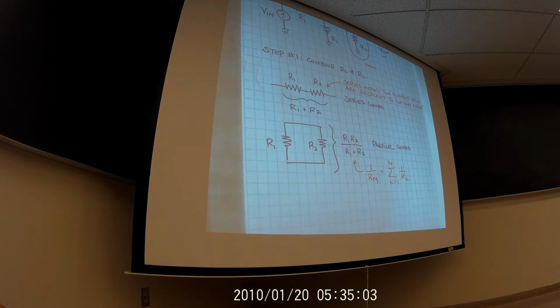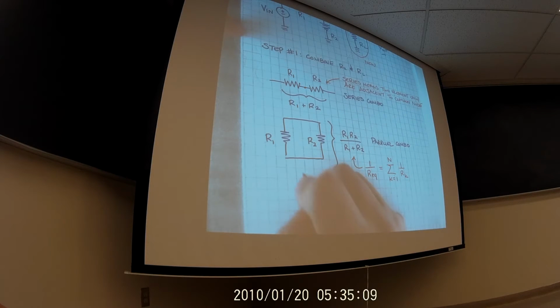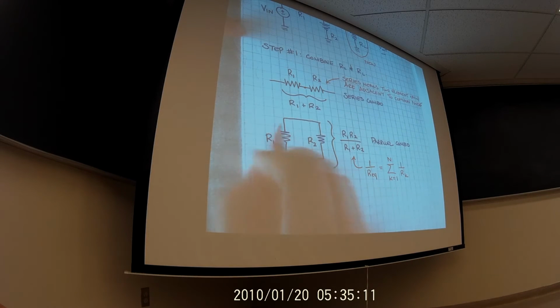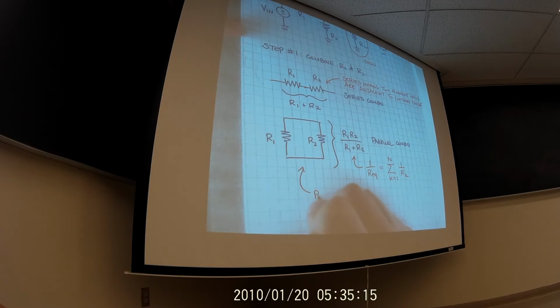Okay? If there's a third thing shooting off here, they're no longer in series. For parallel, there can be other things over here. For parallel means that they share the same end nodes.